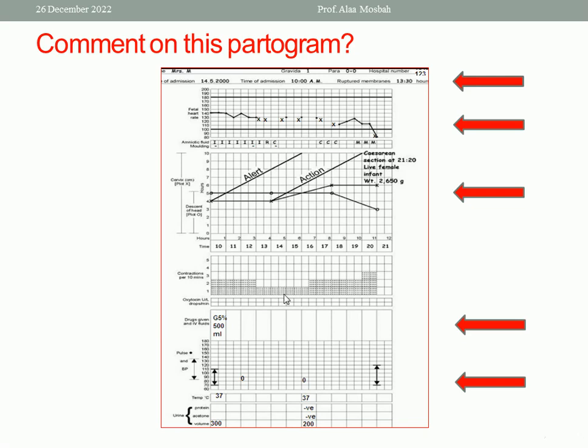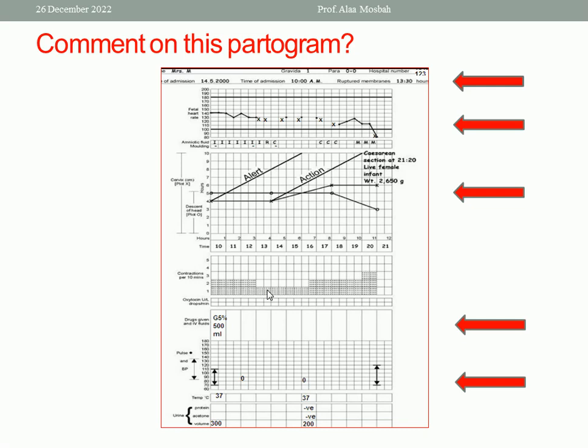Okay? If only 1 square, as in this area, this is 1 contraction per 10 minutes. The normal or the average is 3 to 5 contractions per 10 minutes to be efficient.